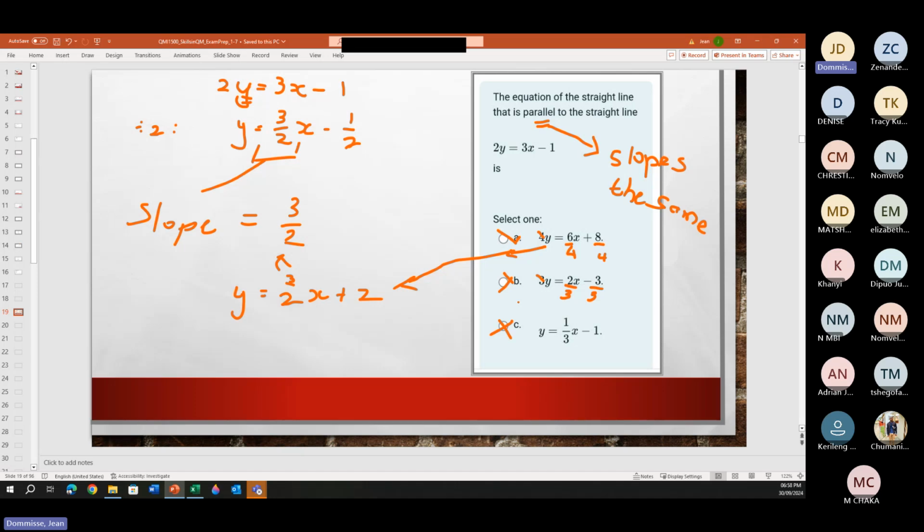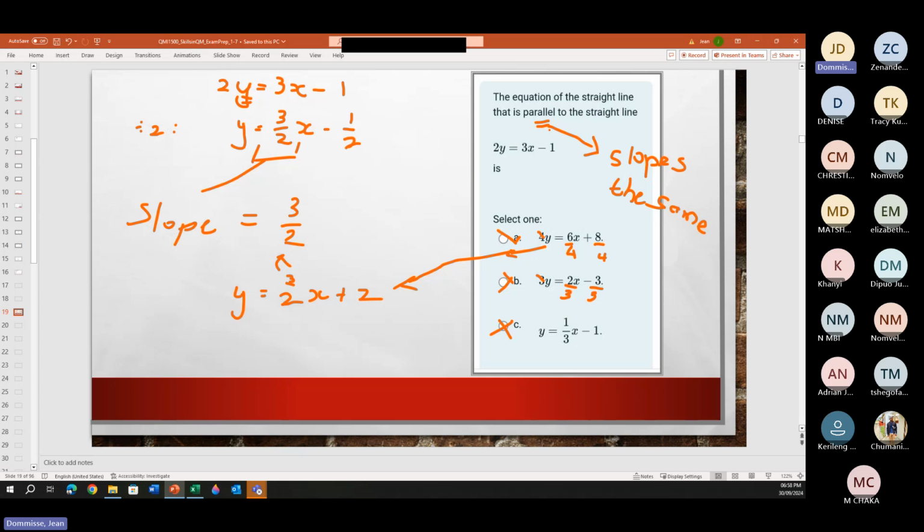But with this one, they actually did not give us a lot of information. The only information they gave us is that your equation of a straight line is parallel. That's all that they said.